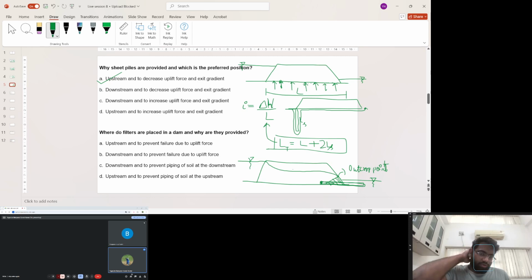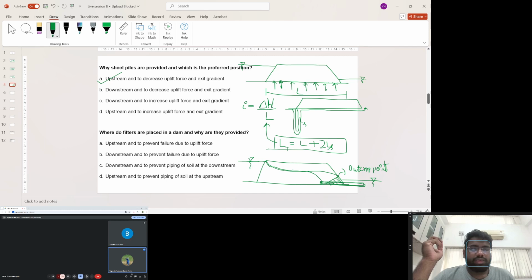Hence the flow line will meet here and not at the slope of the downstream end. So this entire piping failure can be prevented, and the entire dam structure can be maintained in a stable condition.